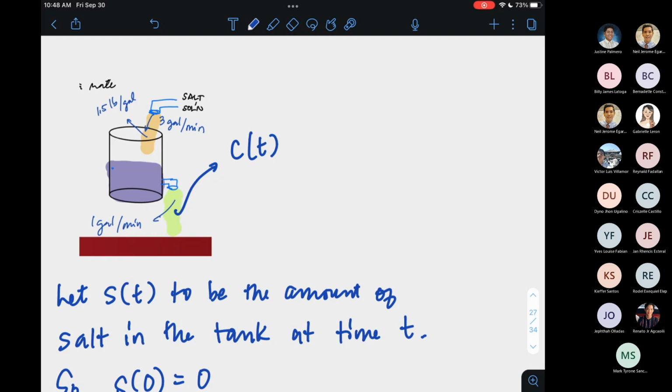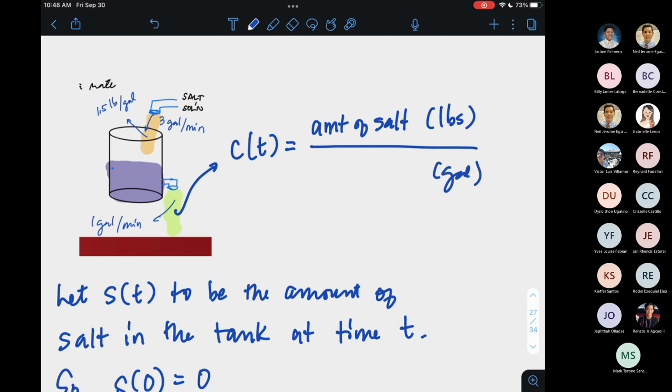So kailangan ko itong i-model. Pero ano ba yung concentration? Tawagin ko C yung concentration. Yung concentration would be, ito yung amount of salt in pounds, divided by, ano yung pang-divide natin sa concentration? Di ba gallons? It's pounds per gallon. So ibig sabihin, ang nandito ay volume of the solution.